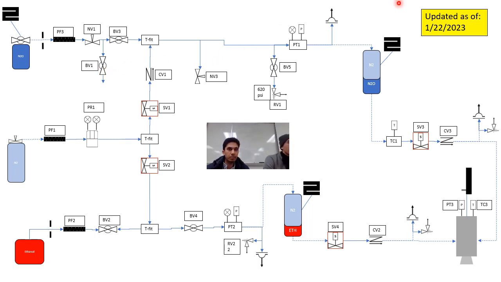Pause. So the problem that we just discovered there is that if you fill it once and close BV3, then BV3 is closed forever, or at least until you're done with the test, and you don't have any issues with the rest of the test. It'll be fully isolated from atmosphere.